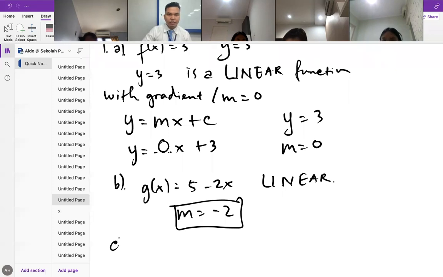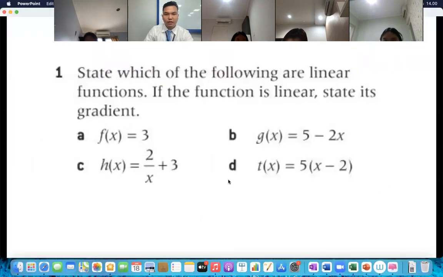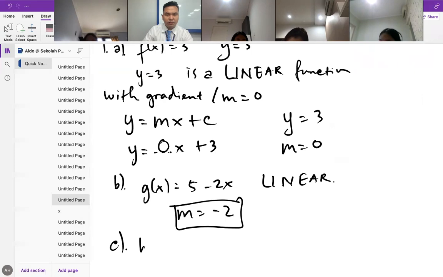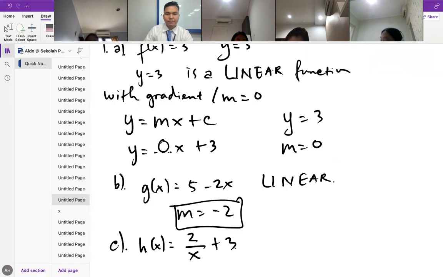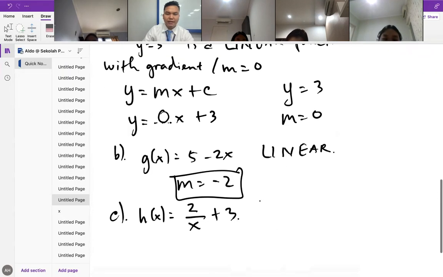Now we move to C. h(x) is equal to 2 over x plus 3. Is it a linear function? No, this is not. Why? Because h(x) is equal to 2x to the power of minus 1 plus 3.